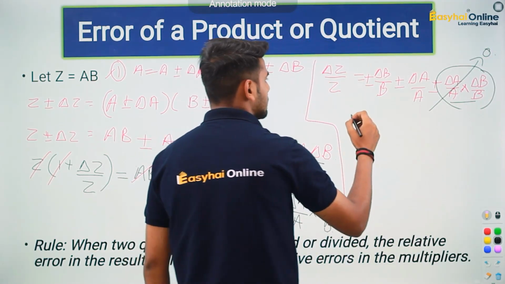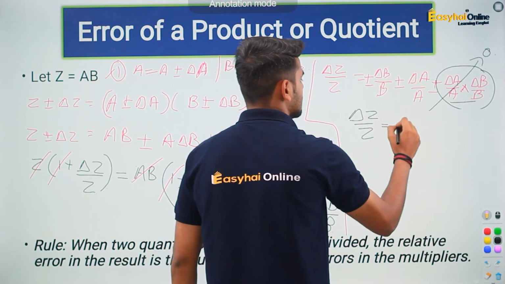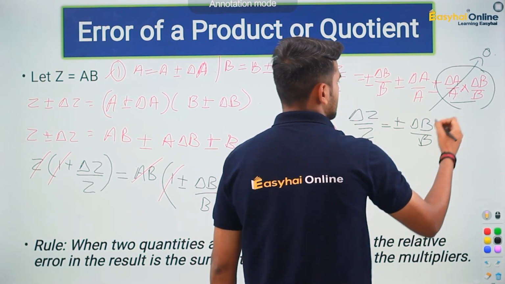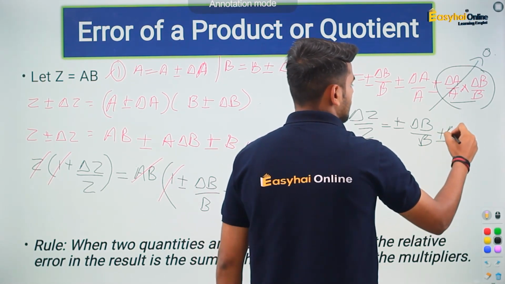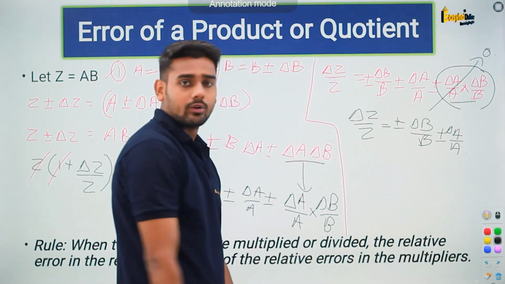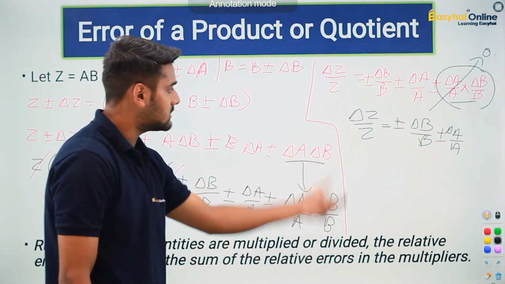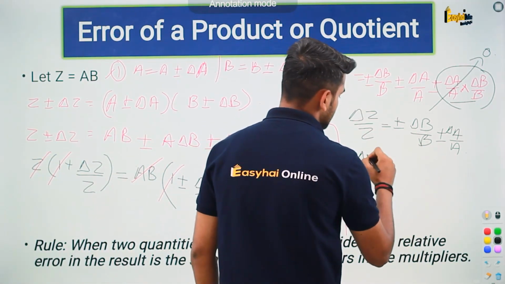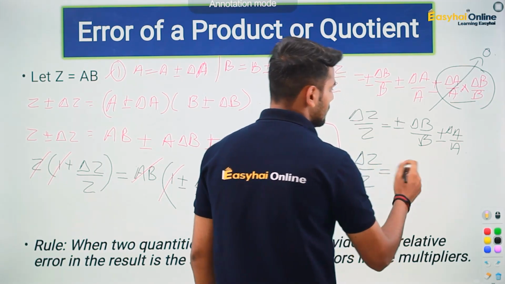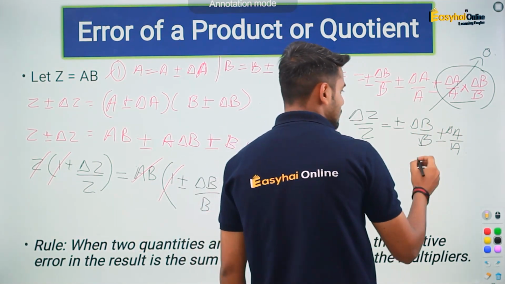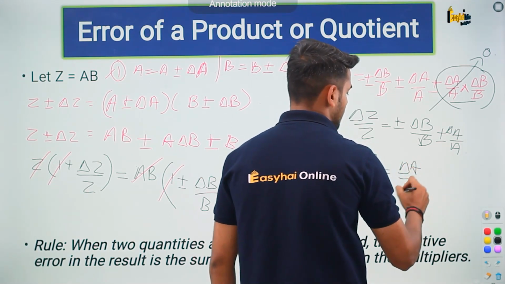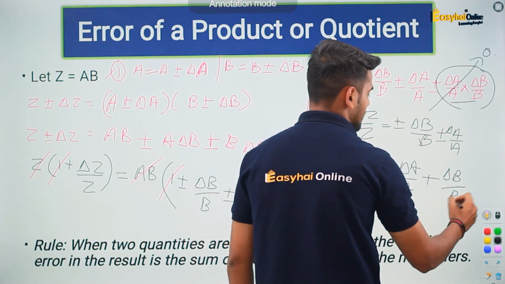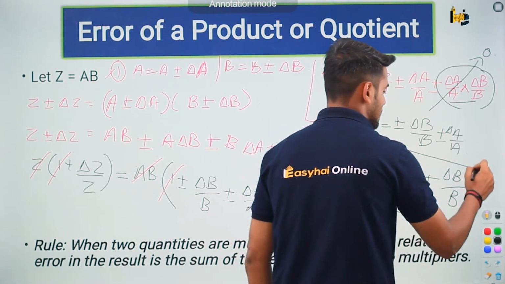Therefore, the final value that I'm going to get is delta Z upon Z, which is equal to plus minus delta B upon B, and once again plus minus delta A upon A. If I want the maximum relative error possible in this case, that is going to be delta Z upon Z, which is equal to, here I'm just replacing these two, delta A upon A plus delta B upon B. This is the equation that we have.